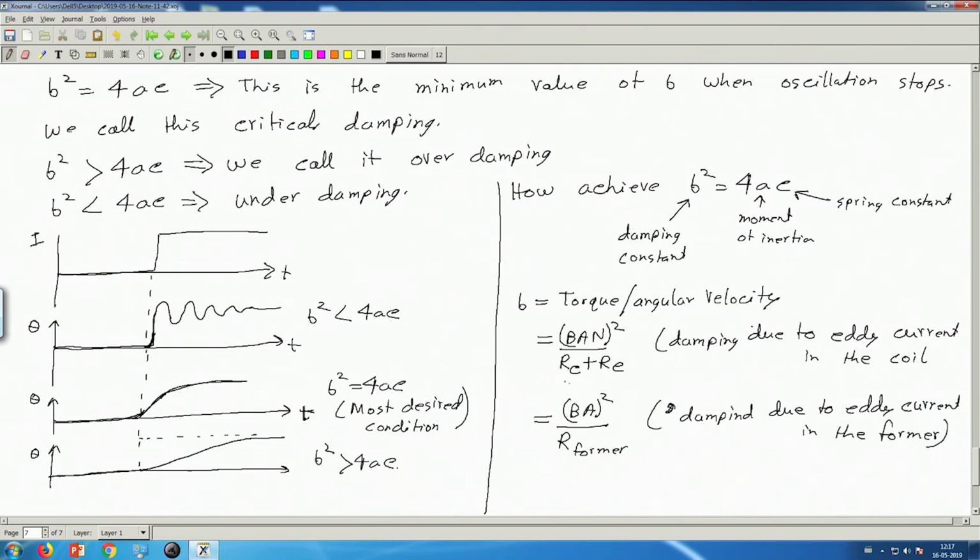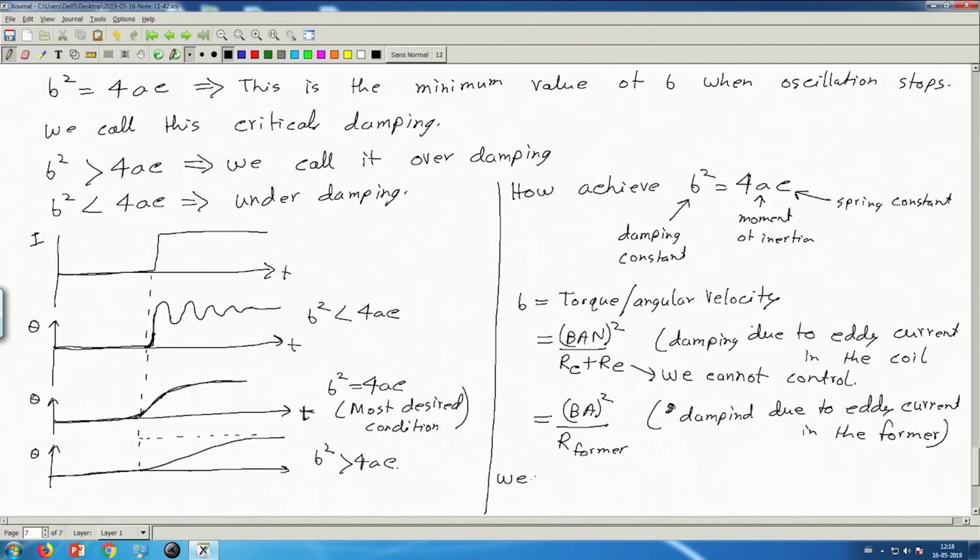The external circuit term is not controllable because R_E depends on the external circuit, so we should not rely on this term. This term we can possibly control, and therefore we should choose a low enough value for R former so that B is high enough and equal to 4AC.